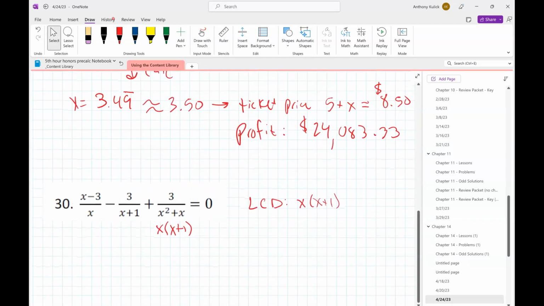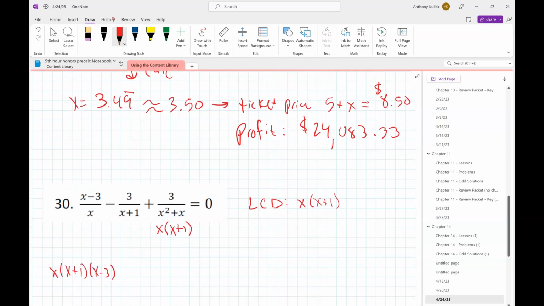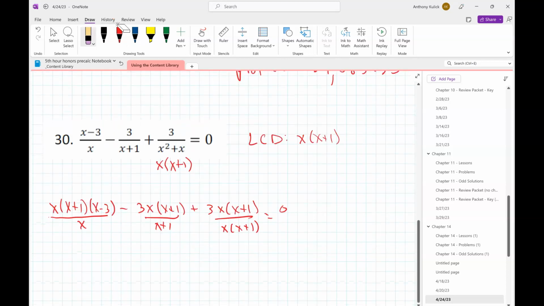So that's what I'm going to multiply both sides of my equation by. So when I do that, I have this then.